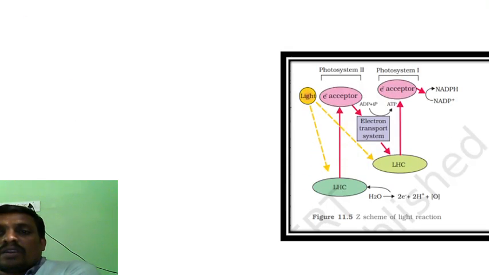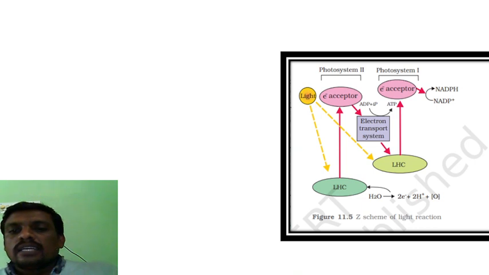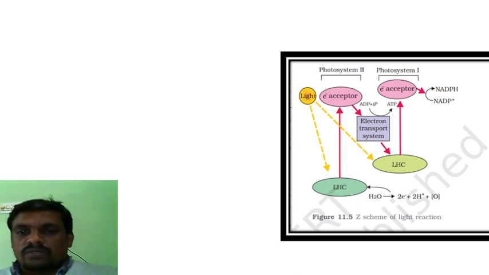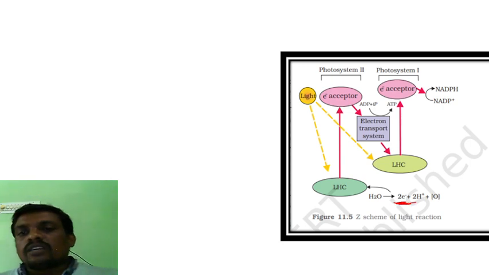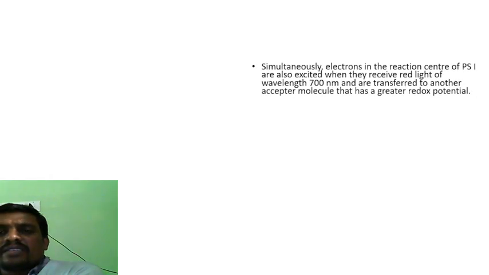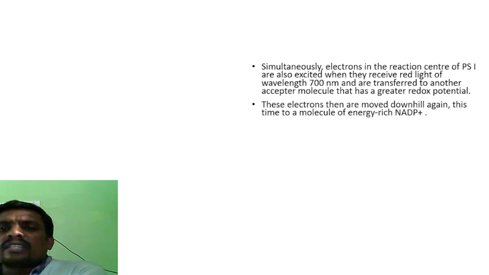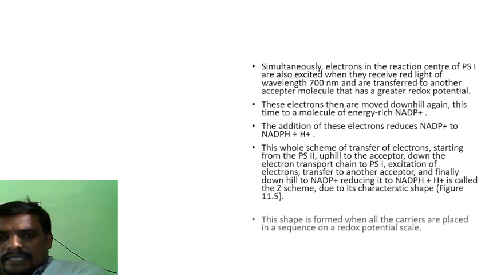Understood, everyone? Finally, this is the movement of electrons in the Z scheme of light reactions, and you can see the photolysis of water here in the light harvesting complex and the formation of NADPH. Now, simultaneously, electrons in the reaction center of PS1 are also excited.